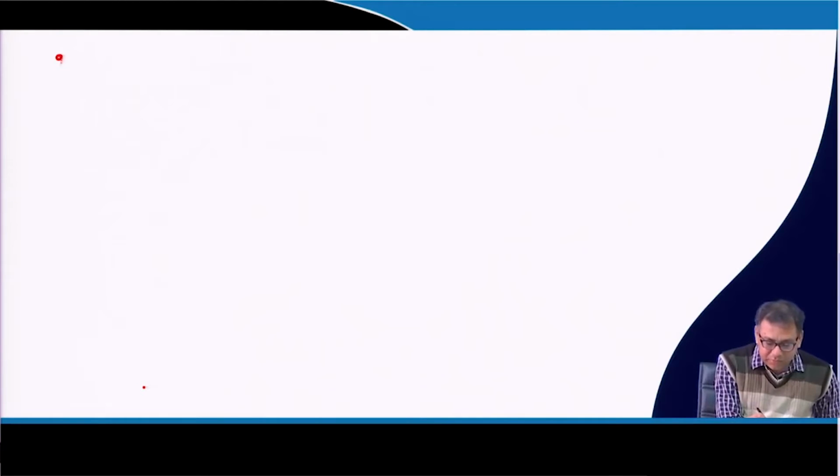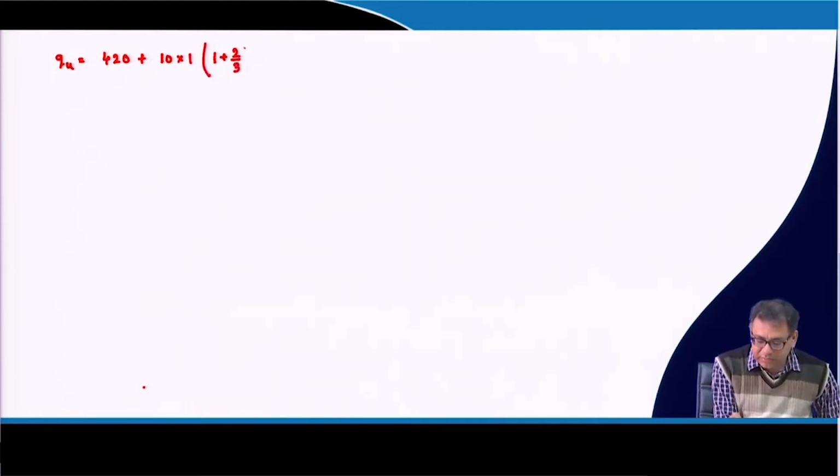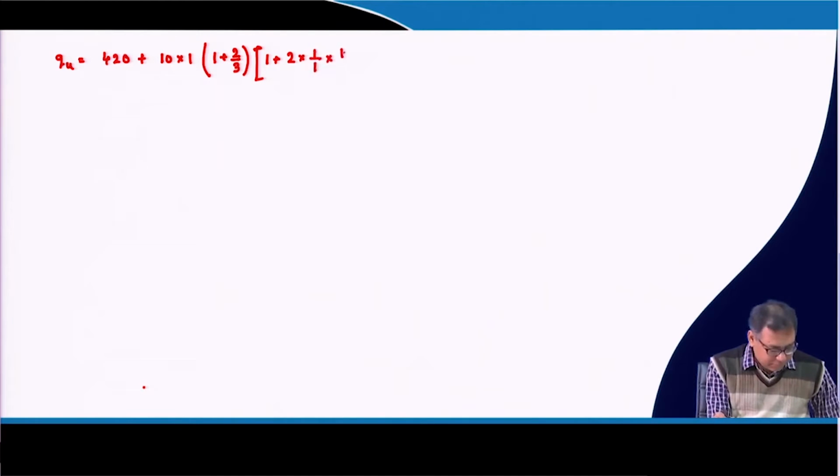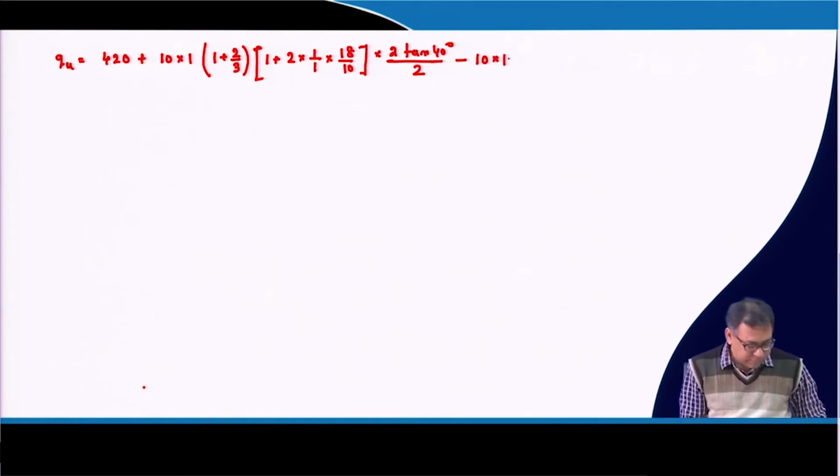Now I will calculate the QU value. So, QU will be 420 plus gamma dash is 10, A square is 1, then 1 plus 2 by 3, then 1 plus 2 into 1 divided by 1 into 18 divided by 10 into 2 tan 40 degree divided by 2, then minus 10 into 1.